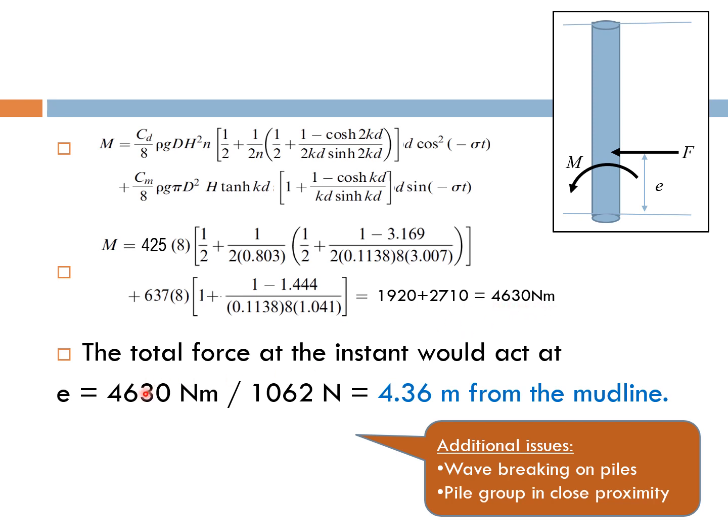So if we know the total moment is this value and the total force at this instant is this value from the previous slide, then we know that the total force at this moment is acting with a moment arm of 4.36 meter from the mud line.